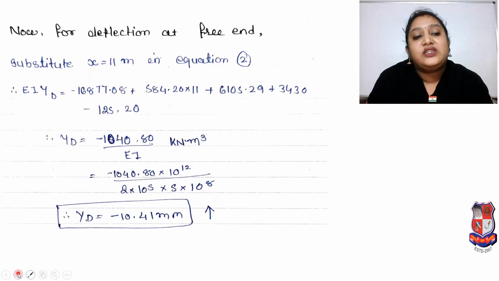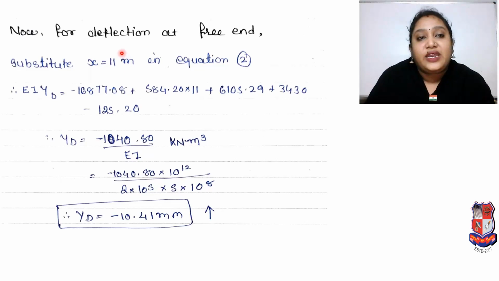Now we are interested to find deflection. So deflection at free end we have to find. So what we have to do, we have to substitute the value of x like 11 meter in equation number 2. Therefore EIYD is equal to, now we are interested to find deflection at free end, so this point is D. So EIYD we mention here minus 16877.08 plus 584.20 into 11, this is our x, plus 6105.29 plus 3430 minus 125.20.